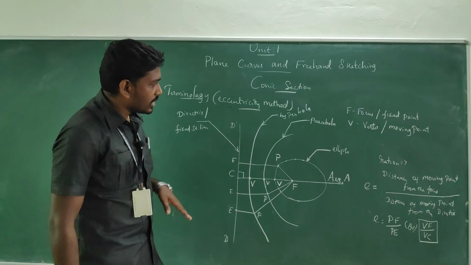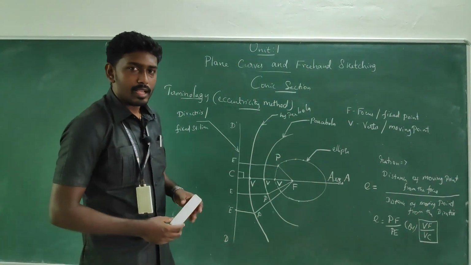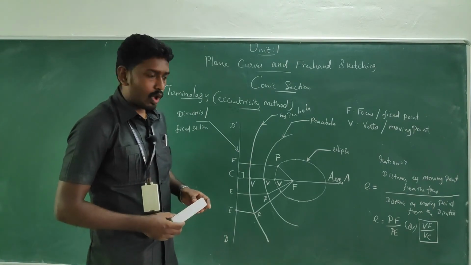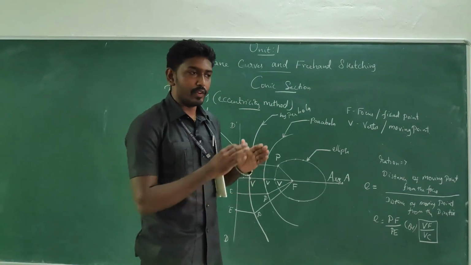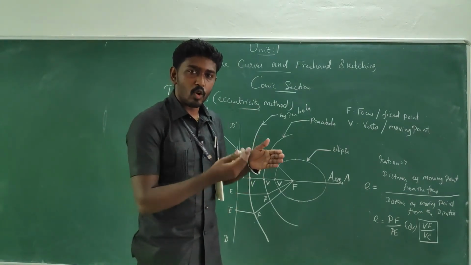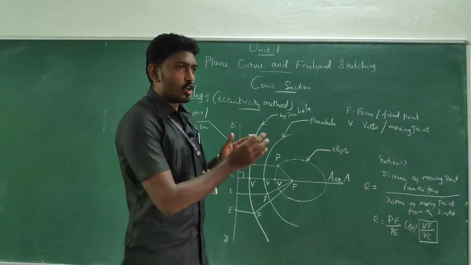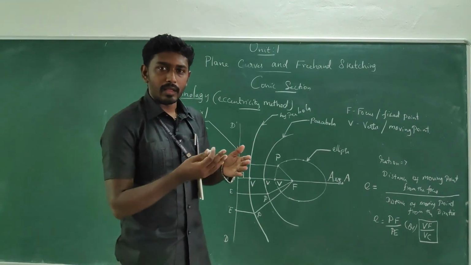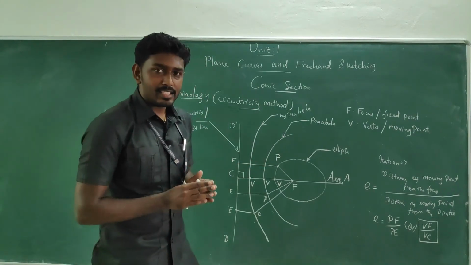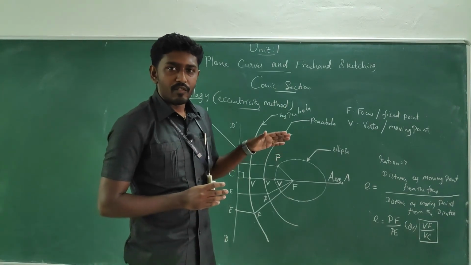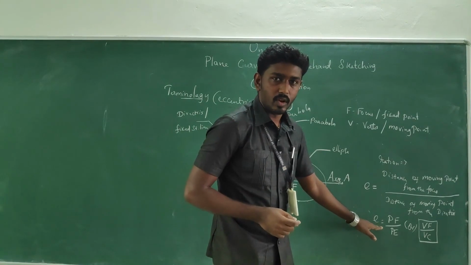And in general, we need to know that in questions, when we are constructing the conic curves, there won't be any specification like draw the hyperbola, draw the ellipse, or draw the parabola. In such conditions, we will be identifying the curve using the eccentricity.